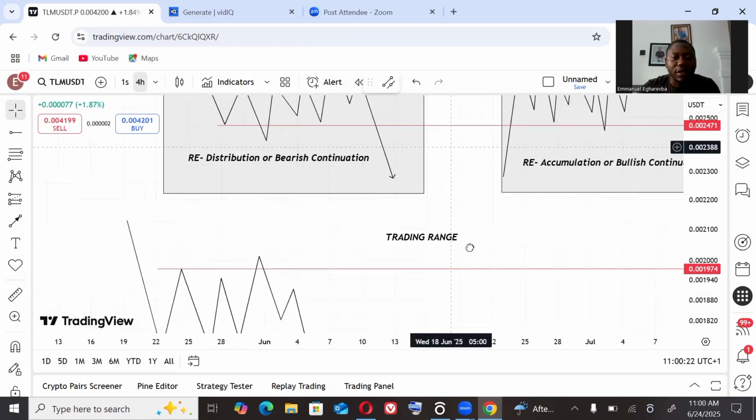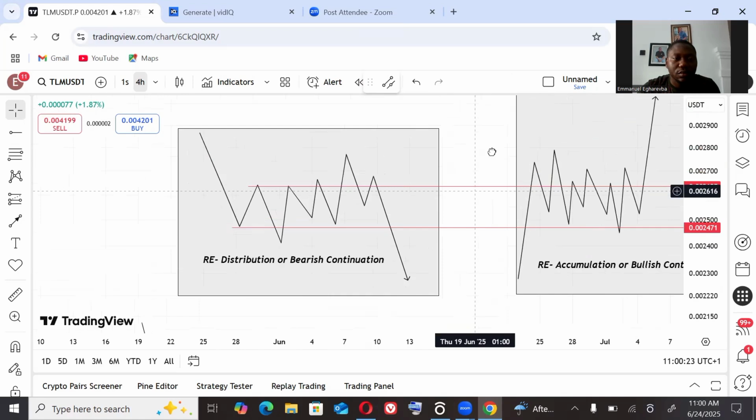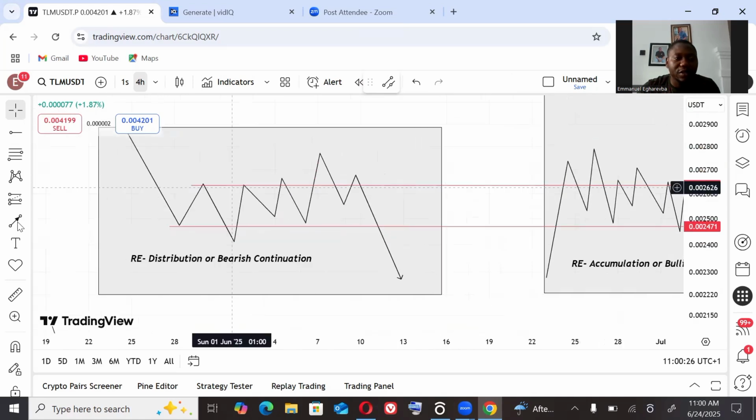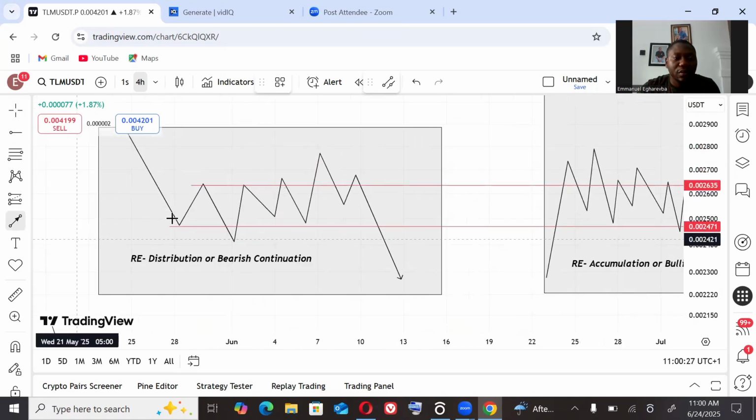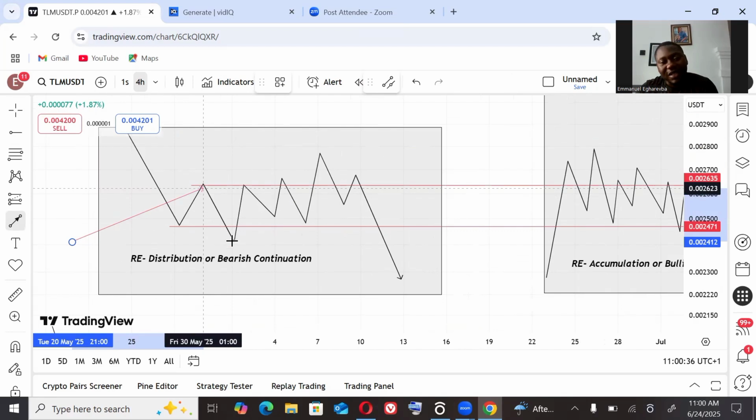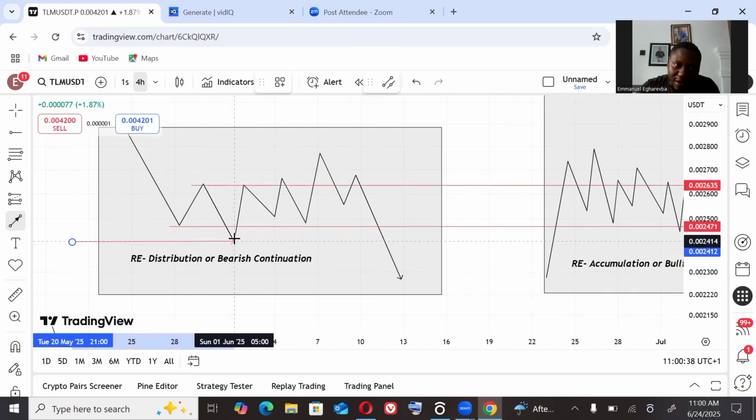Take a good look at this. You see how price moved from here to this point. We have our range, and immediately price begins to fall down. This major initial sell is giving you a clue that sellers just stepped into the market.